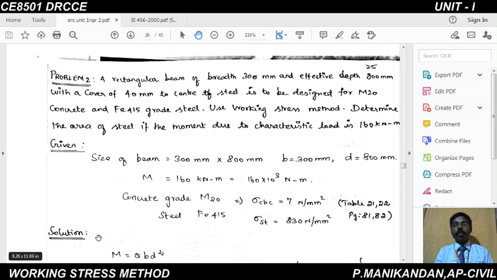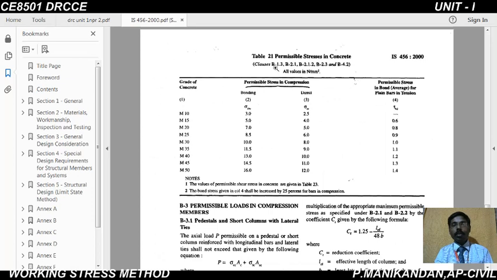As the given grade of concrete is M20, in working stress method we have to find the permissible stress of concrete and the permissible stress of steel. For that, we have to refer to Table 21 and 22 in IS 456 to know the sigma CBC and sigma ST values. For M20 grade of concrete, we refer to Table 21, permissible stresses in concrete.